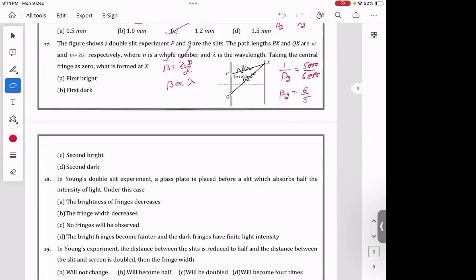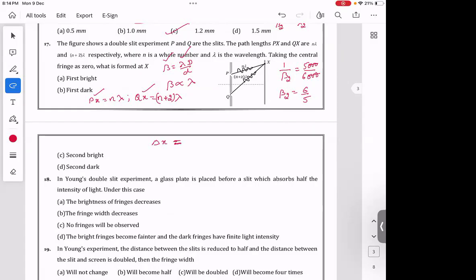Look at the 17th one. The figure shows the distance traveled by P is n lambda, and by Q is n plus 2 into lambda. So between P and Q, what is the path difference?